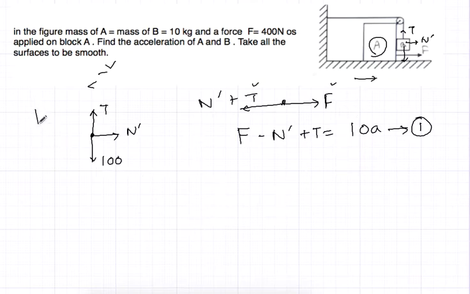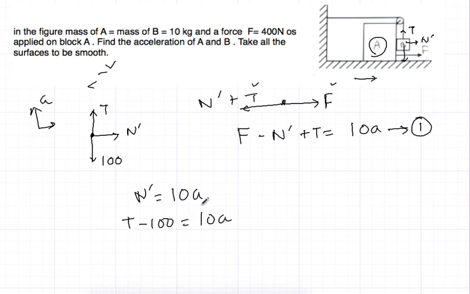This body is moving in both directions. So in this direction, N dash equal to 10a. And this body is also going up with an acceleration a, so T minus 100 equal to 10a.